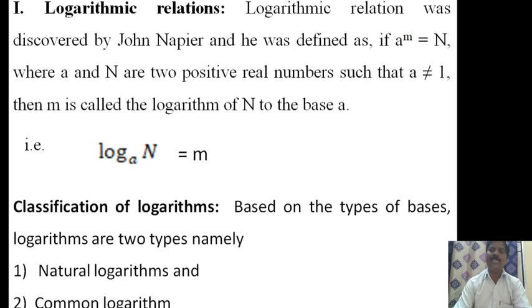Therefore, a into a is a square, a into a into a is a cube. Suppose a into itself 10 times, it should be a to the power of 10. Suppose a multiplied by itself 1000 times, then it is called a to the power of 1000, and finding the value is very, very difficult.